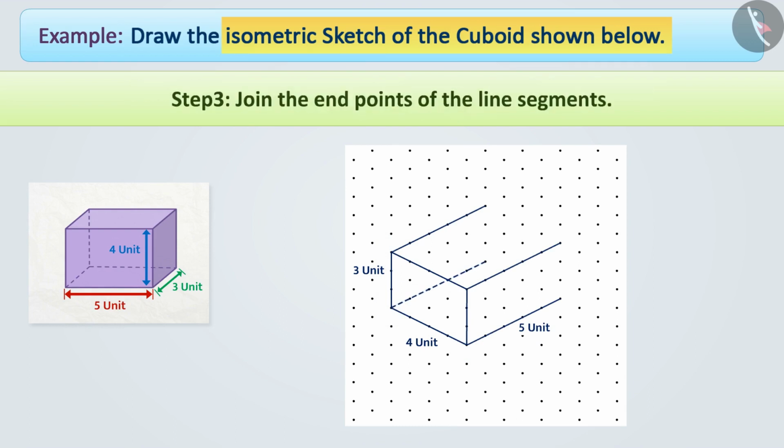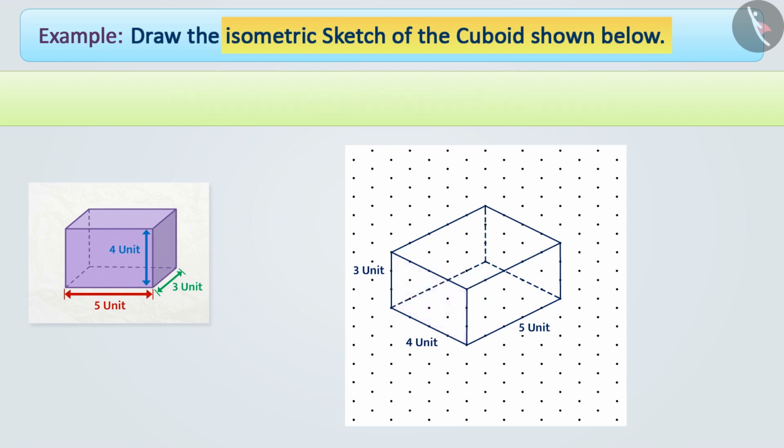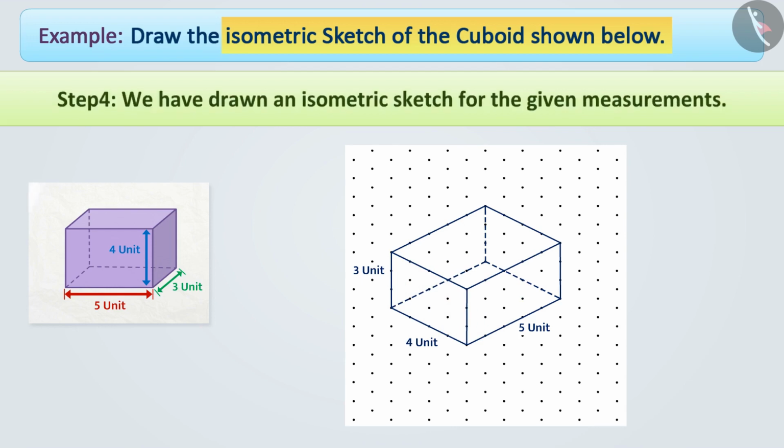Step 3. Now we will join the endpoints of the line segments in this way so that we get the back part of the figure exactly the same as the rectangular face in the front. Step 4. In this way, we have drawn an isometric sketch for the given measurements.